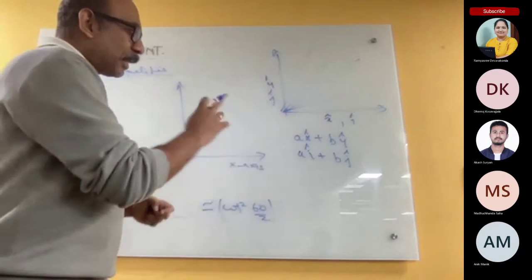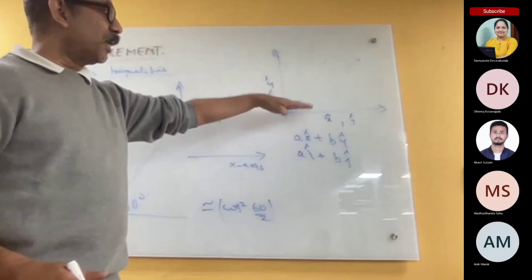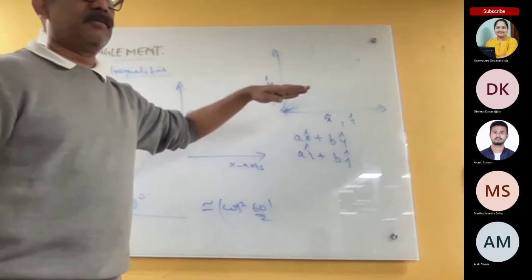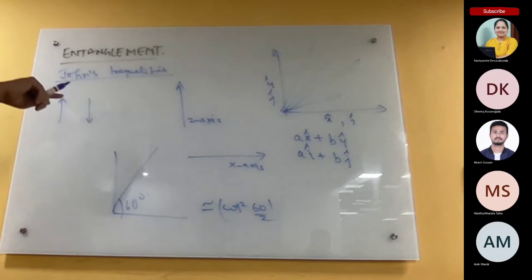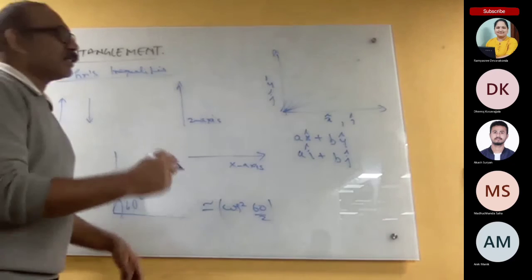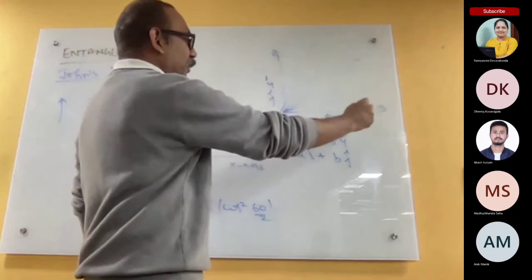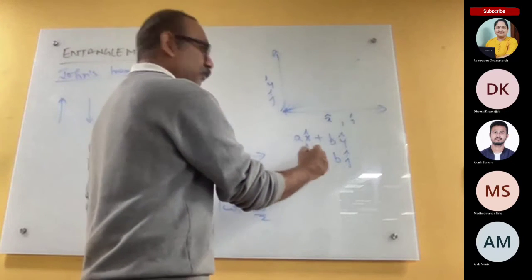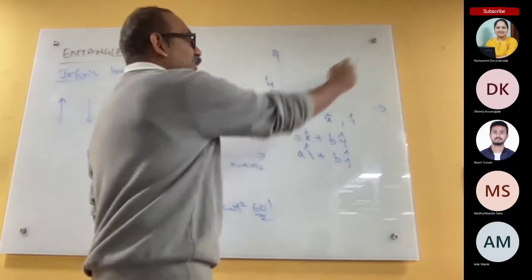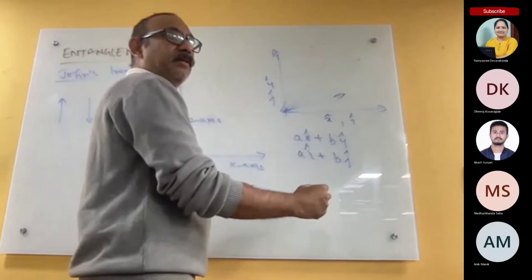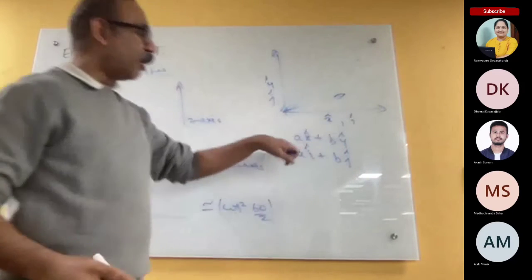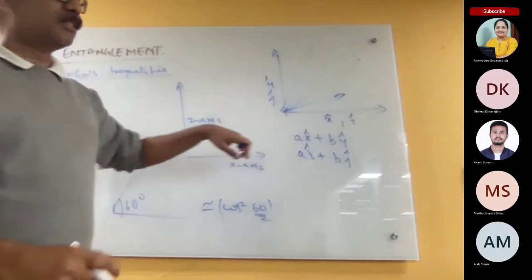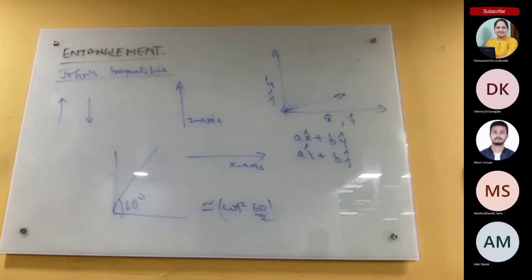So classical mechanics tells you if you measure something like that, the answer will be a combination of that. But in quantum mechanics, the answer is not a combination of that. The probability of it occurring will become, so it is like saying this will come with a probability of this. Instead of saying that the answer itself will be this vector, the answer will still be this vector or this vector only, but the probability if you measure it will depend on what these are. Which is a fundamental difference from classical, because in classical it is just a linear combination.